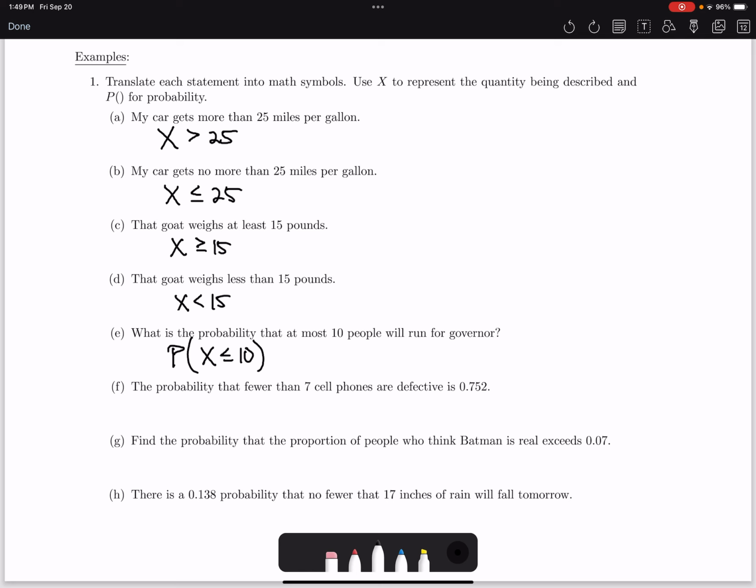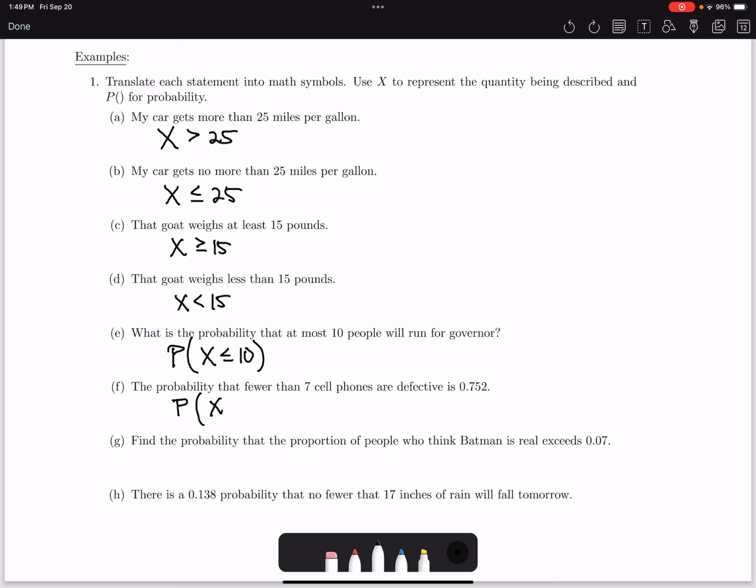Part F. The probability that fewer than 7 cell phones are defective is 0.752. So now they're actually giving us the answer. They're saying that the probability in question here is 0.752. Let's see how we would encode this mathematically. We want the probability P that fewer than 7 cell phones are defective. So let's say that X is the number of cell phones that are defective.